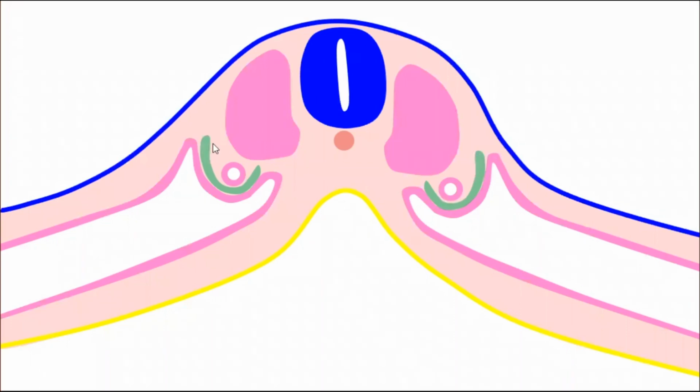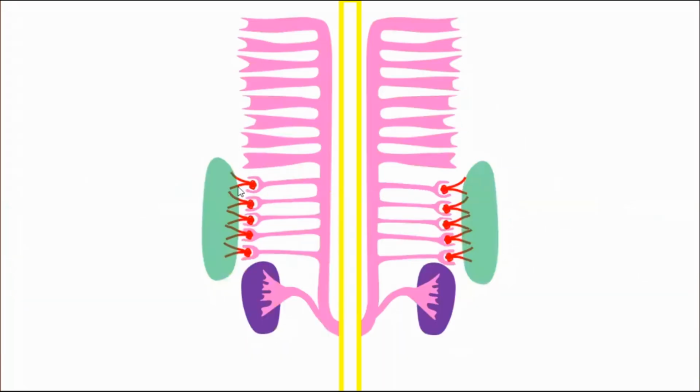And here we can see localization of genital ridges. They develop into the ovaries or testes, and they develop in the abdominal region. And here we can see the development of the gonads, places where they are developed.